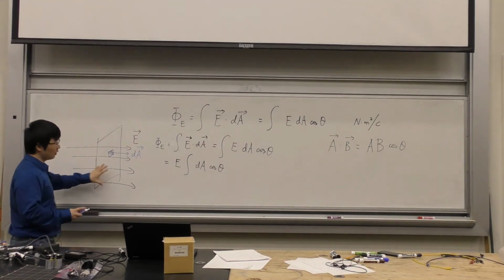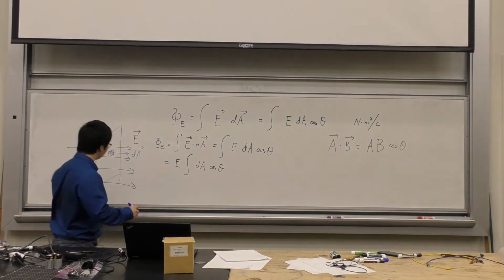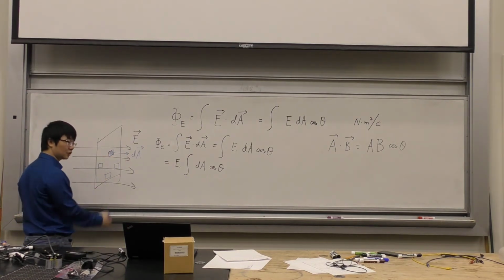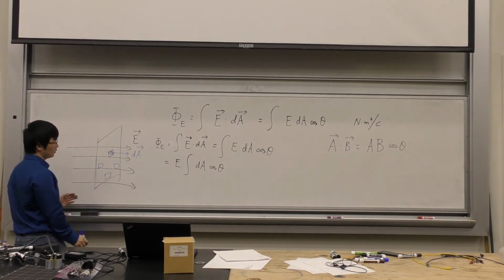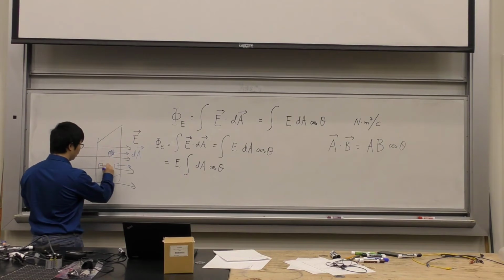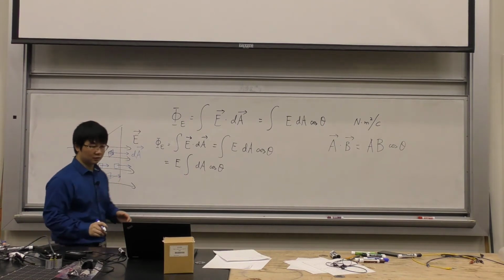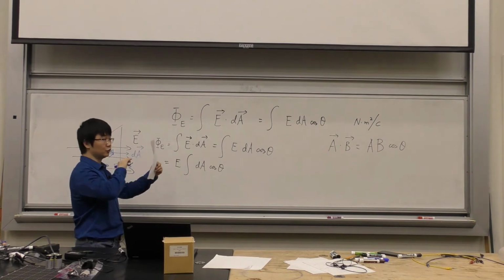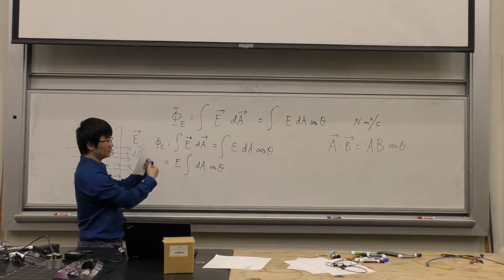Remember, you're going to integrate dA, so that means you pick a dA here, here, here. You're just adding all these contributions. But if this is a flat surface, totally perpendicular to the electric field everywhere, the dA you pick is always going to be in that direction. You pick a dA here, here, here, here.